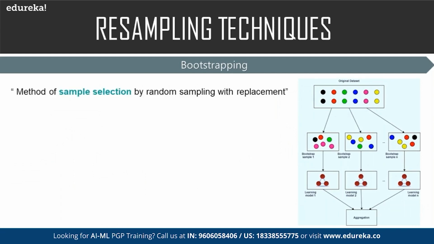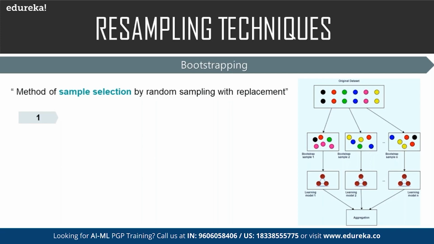Bootstrapping is another method, where we randomly sample the data with replacement, in the sense that we don't reuse the data, but in place of the existing data we use new data. This is how we randomly pick the data from the data distribution of the data set.